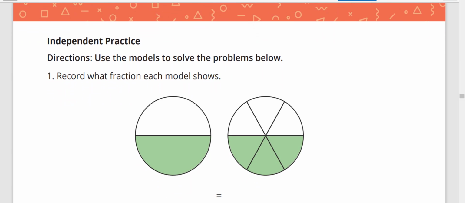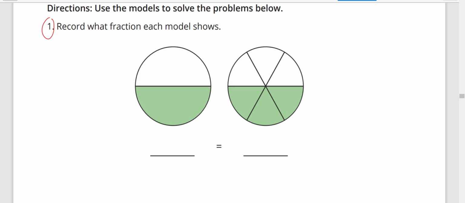The next page, use the model to solve the problems below. Number 1, record what fraction each model shows. The first model is divided into 2 equal parts, so this part is half.